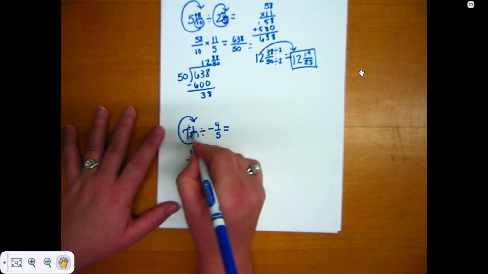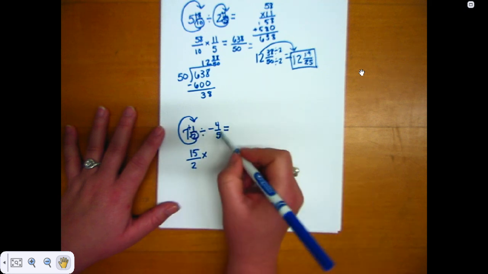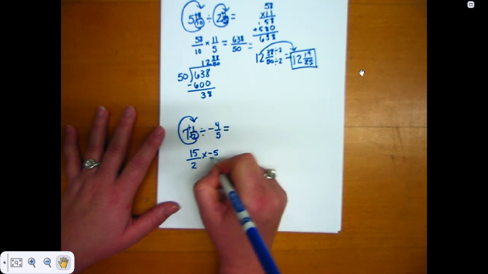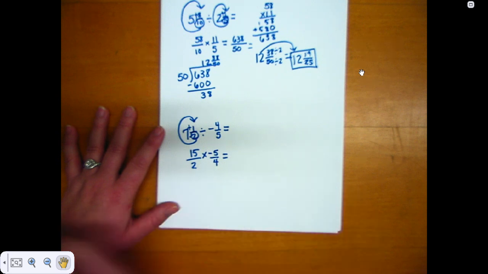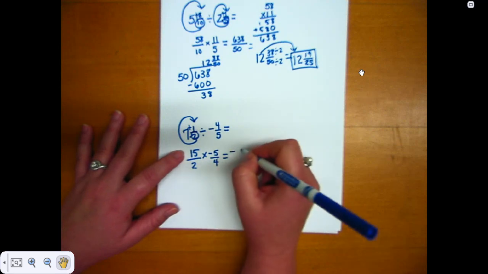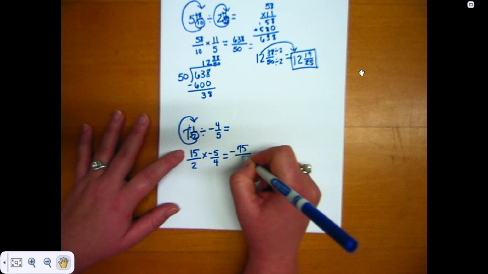And keep your denominator. Change this to multiply. Flip this. -4/5 will be -5/4. Then we just multiply. 15 times -5 is -75. And 2 times 4 is 8.